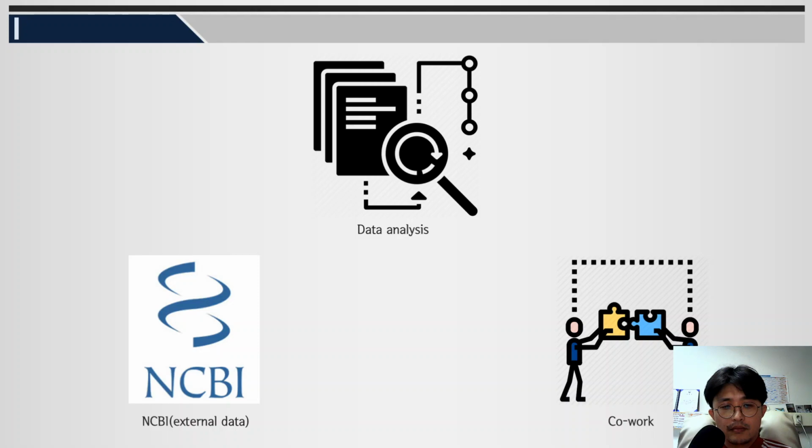Unlike other labs, our lab mainly analyzes data rather than experiments. Rather than creating data in the lab itself, we have been using various data and analyzing data from different labs, and co-working to obtain data from outside, such as NCBI, or creating a database using data.